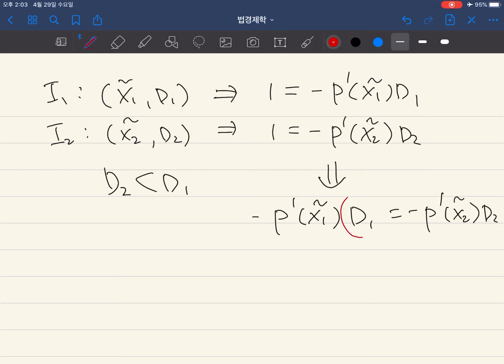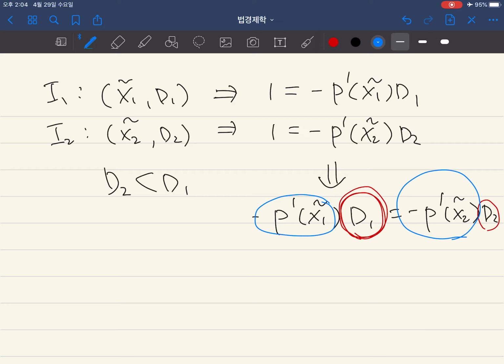And we assume D1 is bigger than D2. Therefore, if we want to make both sides the same, this part must be bigger than this part.